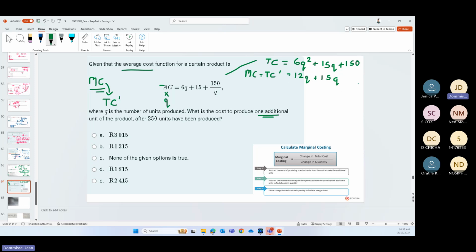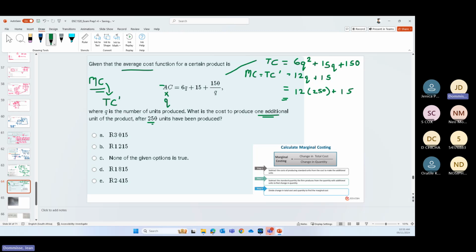So if we needed to work out your marginal cost when Q is 0, then we would put in 0. Here they ask us after 250 units, 12 times 250 plus 15.